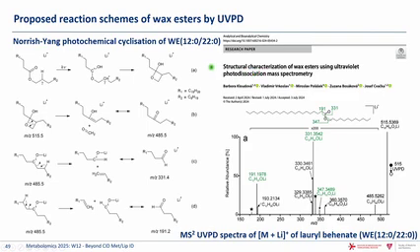What they propose is that during this photochemical cyclization, the carbonyl group and the carboxyl group create a ring, which is then unfolded into the cation, and then it falls into two parts, which correspond to those two fatty acids from the wax ester.